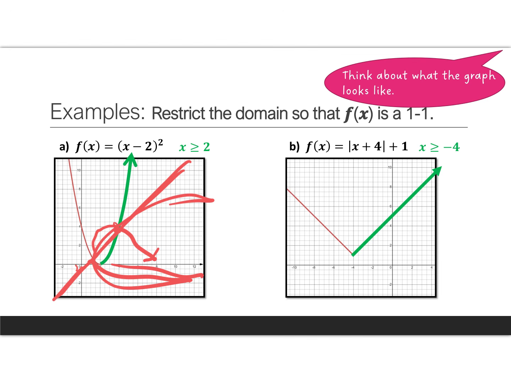It's not going to pass the vertical line test. The new picture will not. Even if I try to make it as pretty as I can, it's not going to pass. Nothing that is opening straight up.